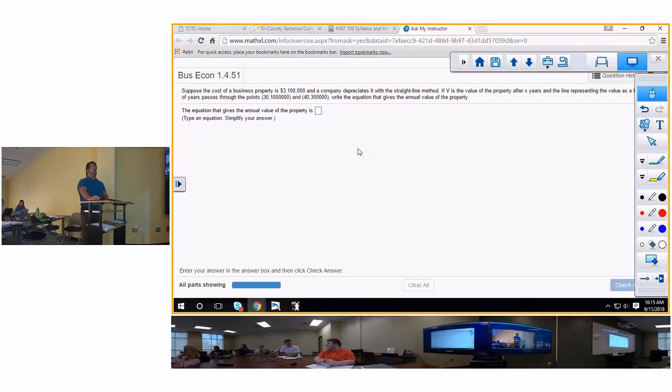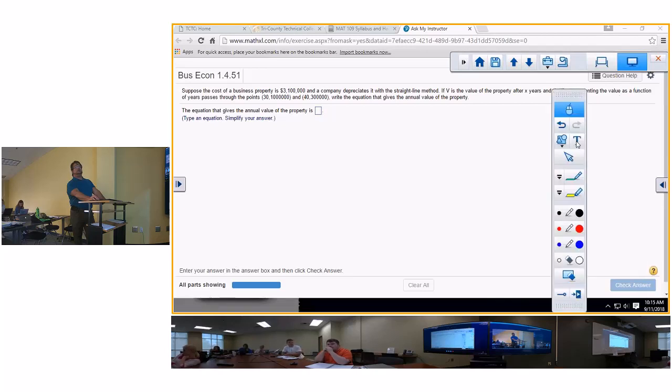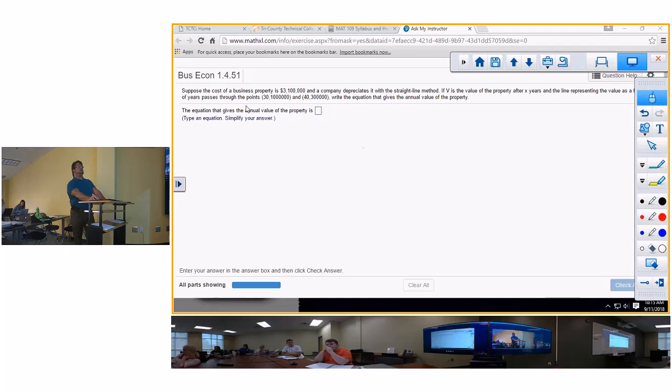Suppose the cost of property is $3,100,000 and a company depreciates it with a straight line method. If V is the value of the property after X years, and the line passes through the given points, write the equation.